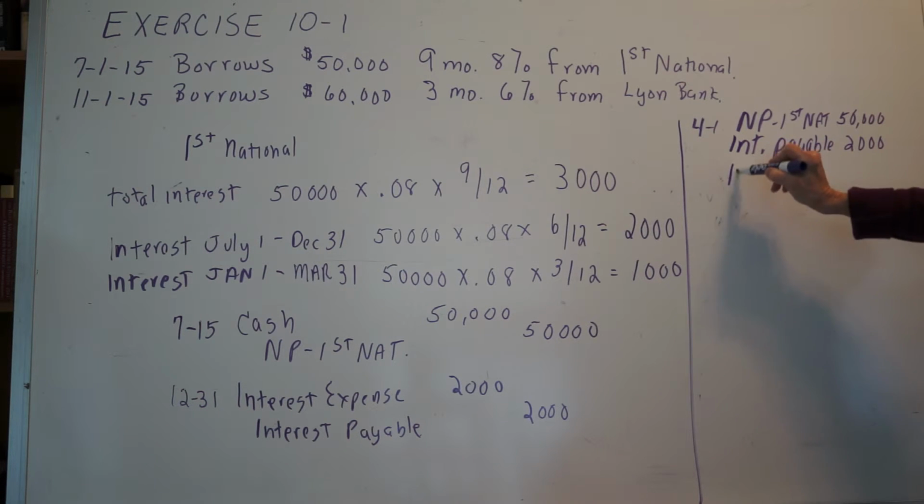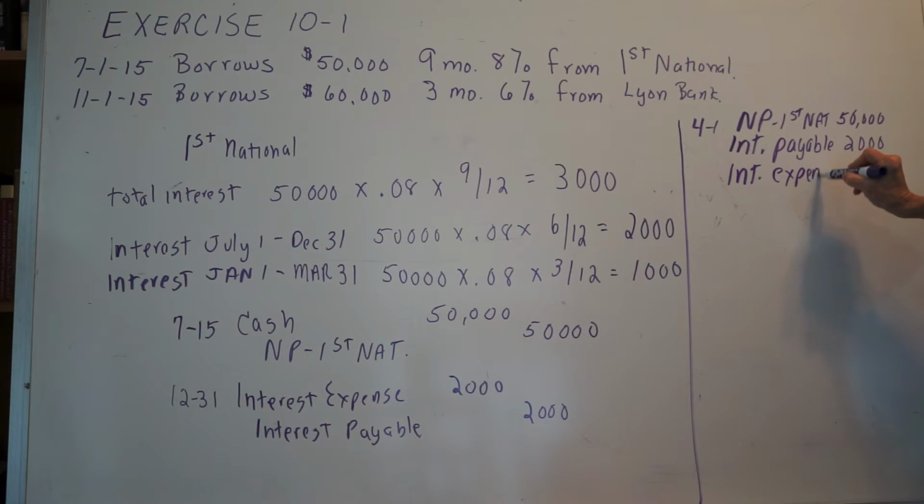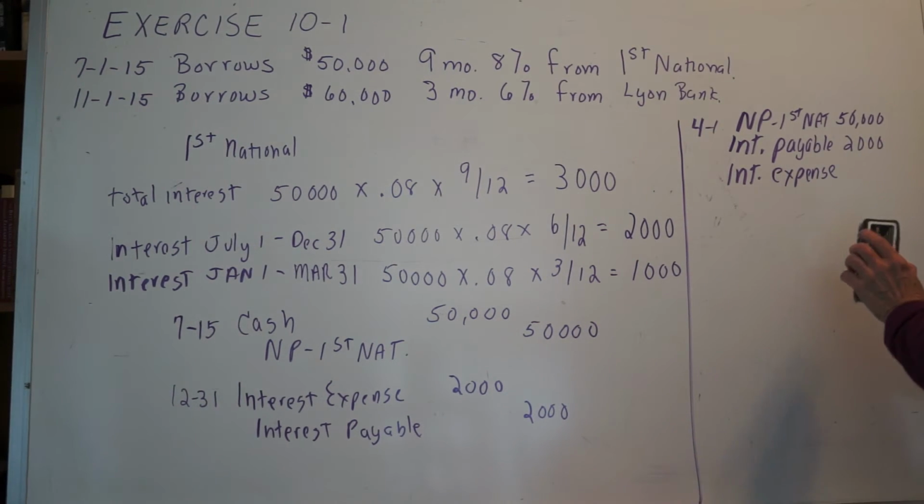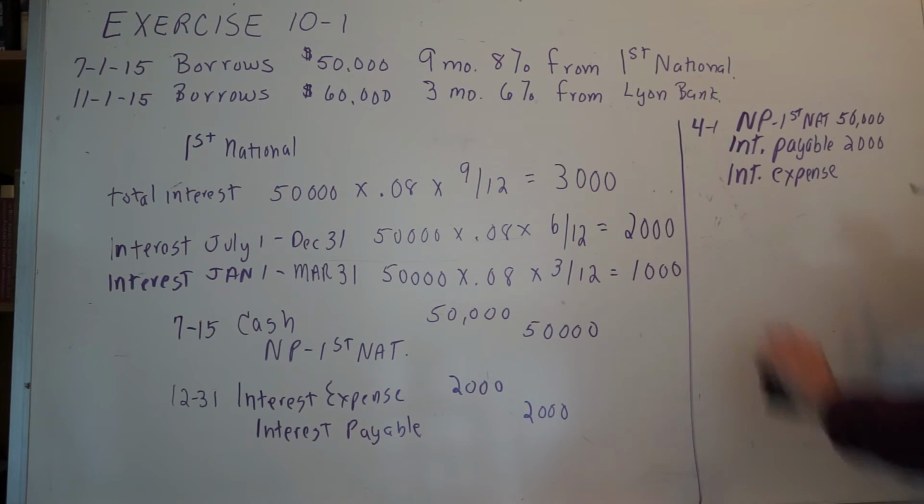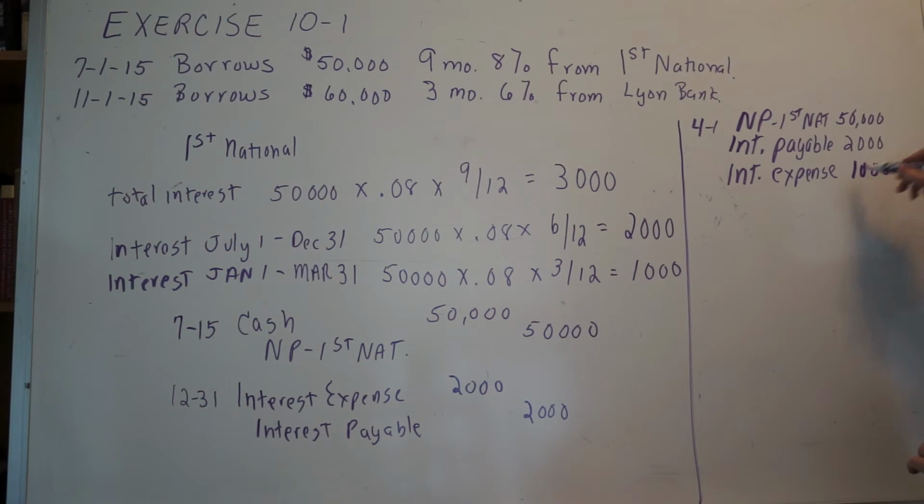And then we're going to book the interest expense for January, February, and March, which is the 1,000. Then we would write out a check for the full 53,000.